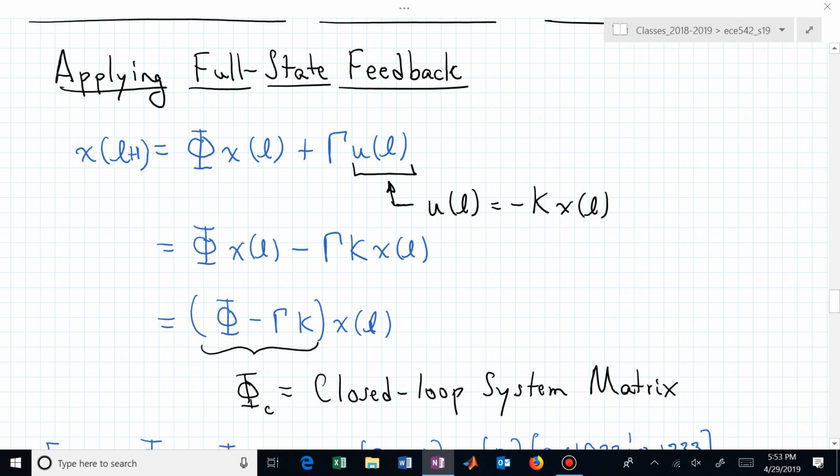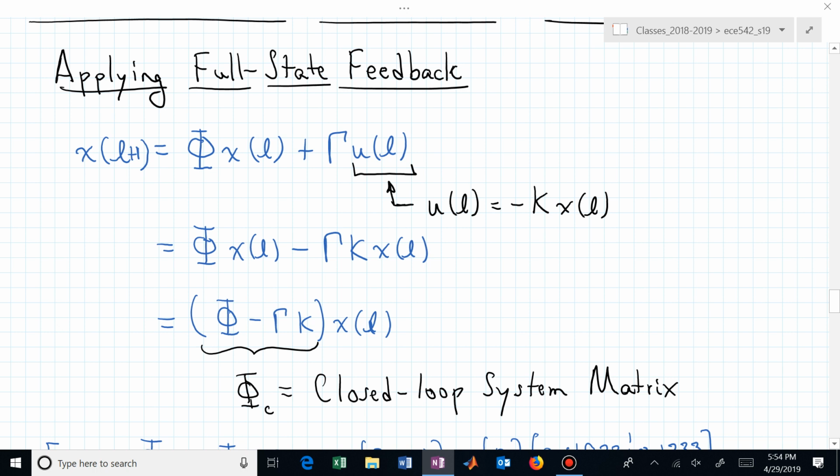We can combine or factor out the common state vector x of L to give us the parameterized form of our closed loop system matrix, where it's parameterized in terms of the open loop system matrix phi, the input matrix gamma, and the full state feedback matrix k.